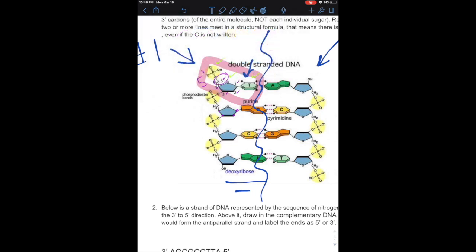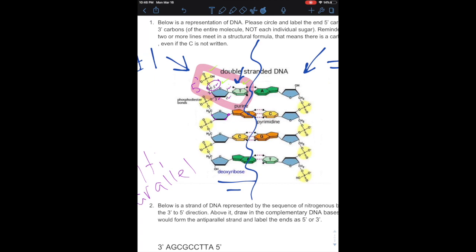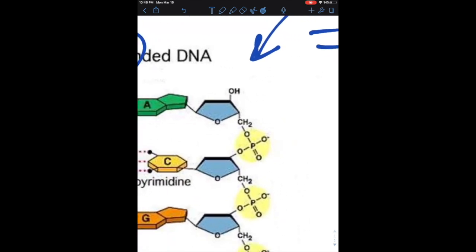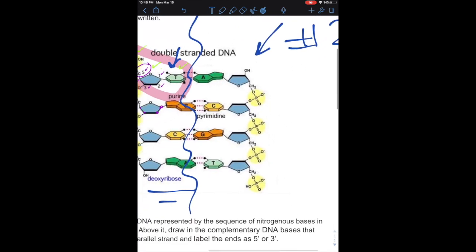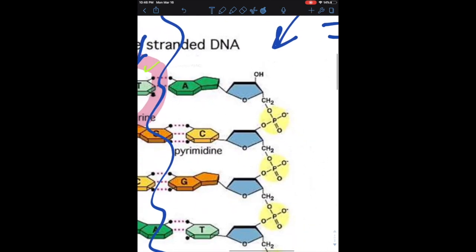DNA is what? It is anti-parallel. So that means if I already labeled this end of DNA 5', I'm going to assume that the other beginning strand of DNA is 3'. But how can we tell? Well, this side of the DNA, the 5-carbon sugar, the deoxyribose, is now upside down.